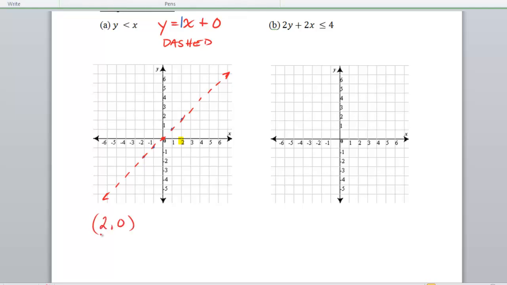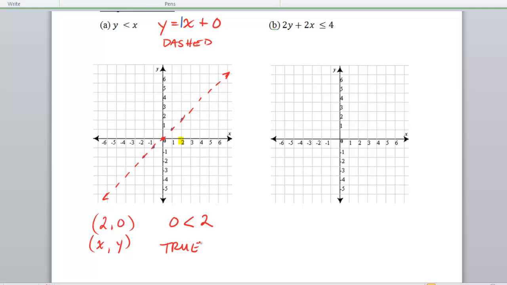Now, I'm going to replace the x and the y in the equation with a 2 for the x and a 0 for the y. And so I'm going to have 0 is less than 2. And so 0 is less than 2 is actually a true statement. So that tells me that that point, 2, 0, is part of the shaded region.